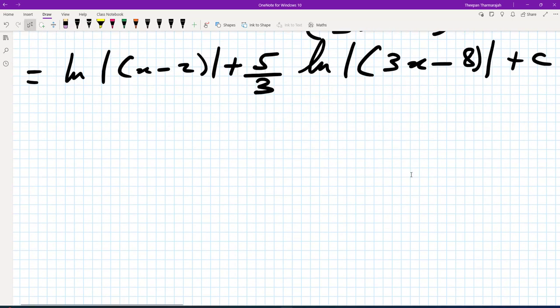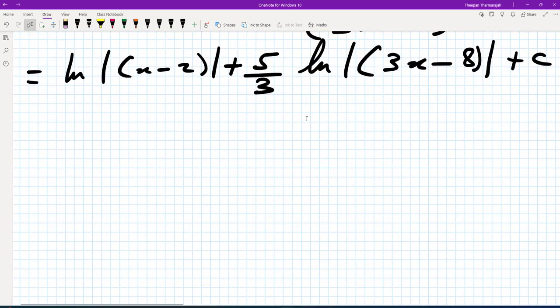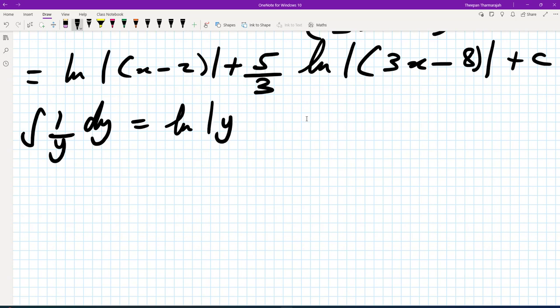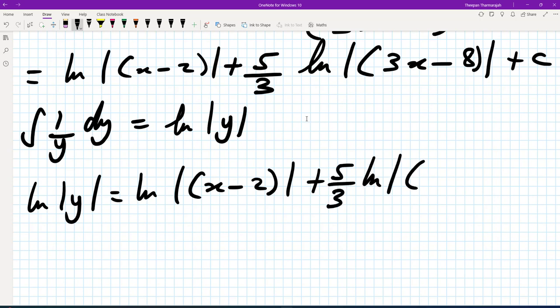Don't forget, we also need to integrate 1 over y. So I'm going to write that in. The integral of 1 over y dy is simply ln mod y. So ln mod y is equal to all of what we have here: ln x minus 2 plus 5 over 3 ln mod 3x minus 8 plus c.